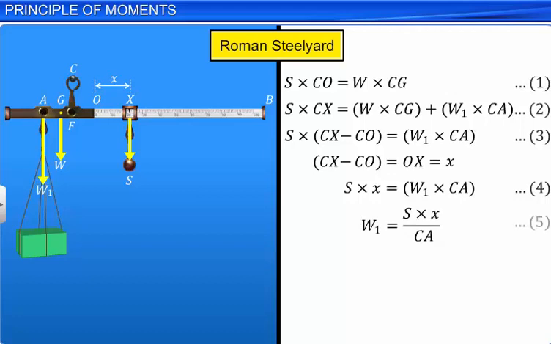Let this be equation 5. In equation 5, knowing the values of S, x and CA, we can calculate W1, the weight of the load. Weight W1 is directly proportional to the distance x of the rider from O. The calibrated scale marked on the beam can enable us to read the weight directly.